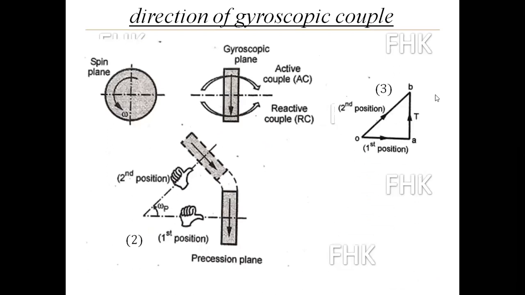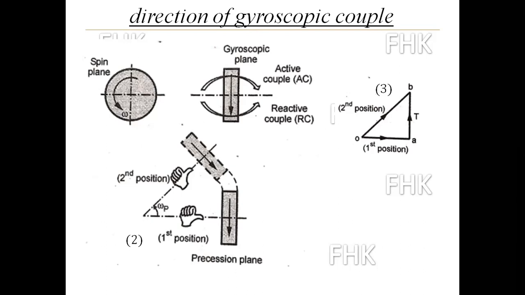These are all vectors in the precession plane. Okay, A to B. We have already found out the direction of the vector. Now we have to find the rotation of that vector AB.